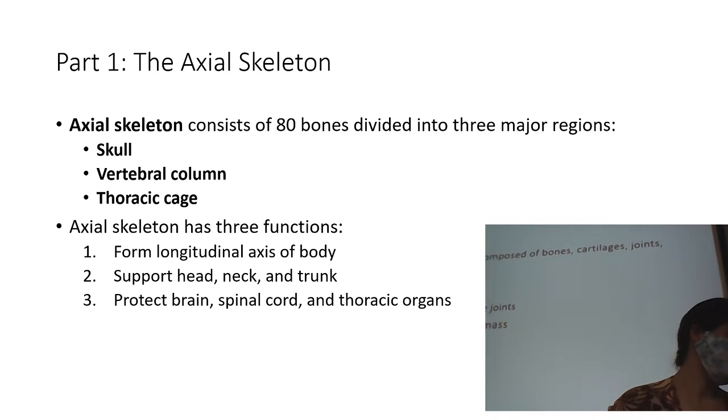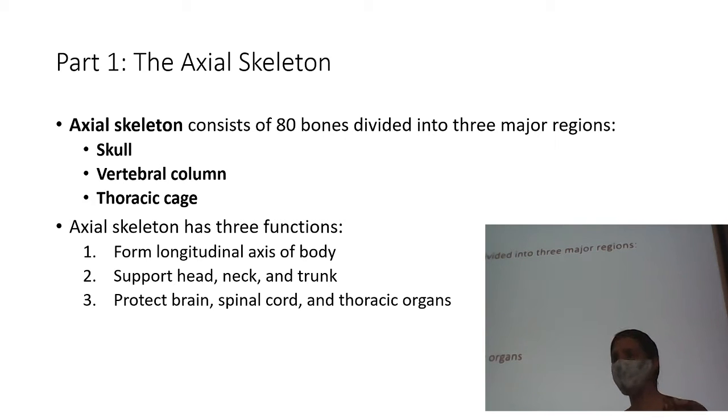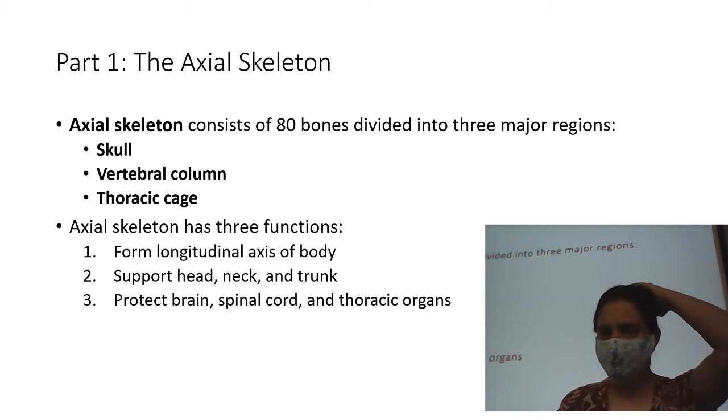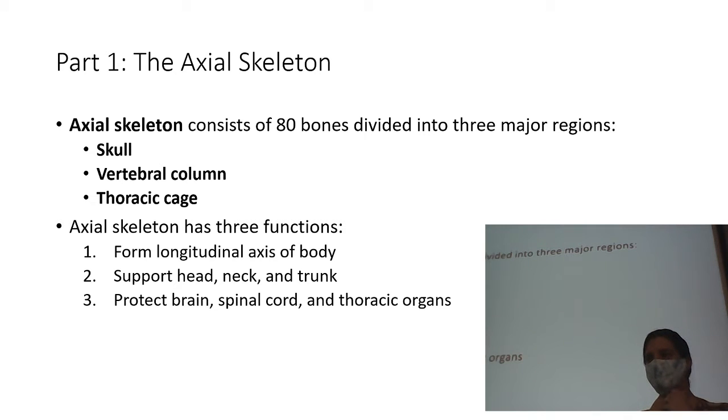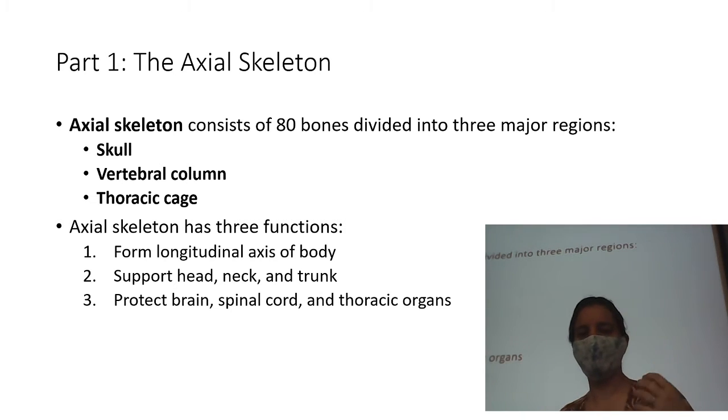Today we're looking at the axial skeleton. 80 bones, 3 big regions. The point of it is basic, probably obvious: it's going to be the long axis of your body. It's going to support your head and your neck.